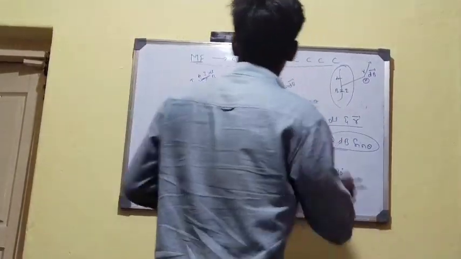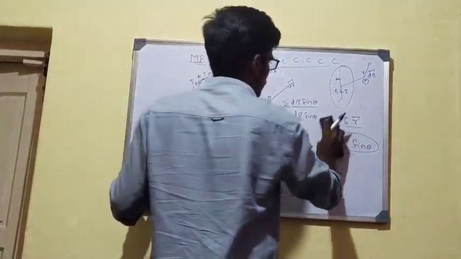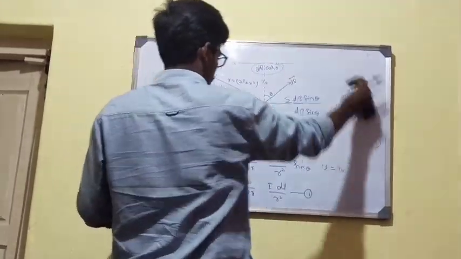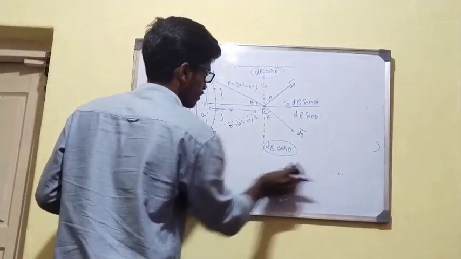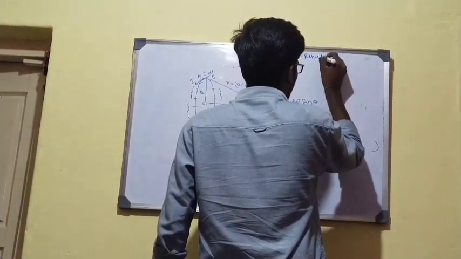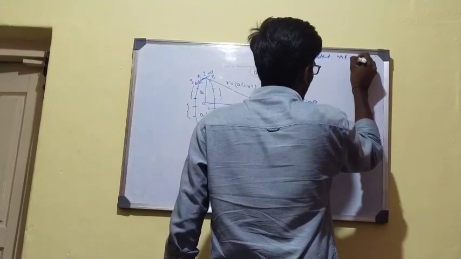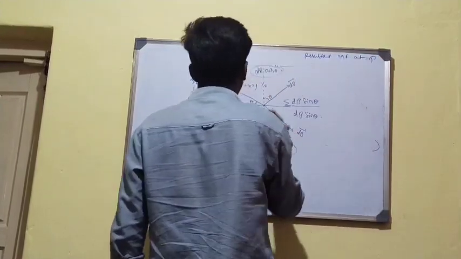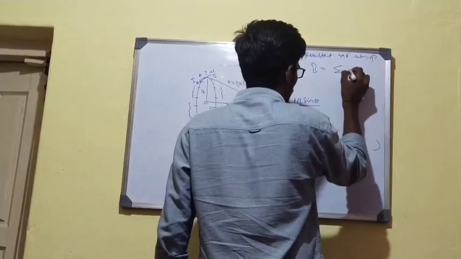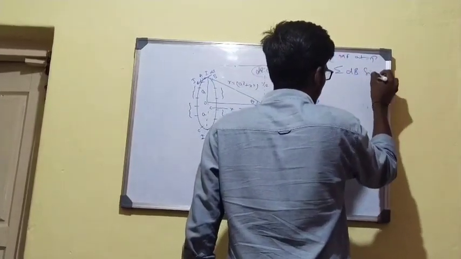Now we will do that. The resultant magnetic field at P, because of the current in the circular coil, is given by B equals summation of dB sin theta.